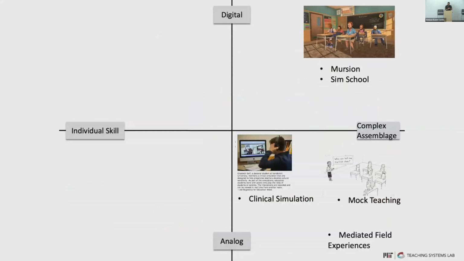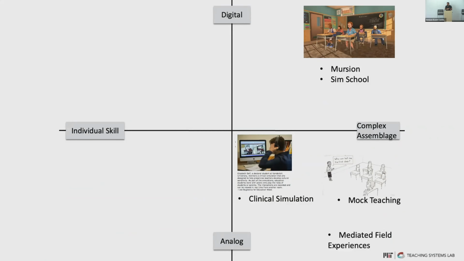One of the ways that we map this out, another thing about most of those practice opportunities is that they try to get people to do the whole complex assemblage of teaching at once. I think we have good research from the cognitive science of complex instruction. It's really hard for novices to practice everything and to get good at individual components.